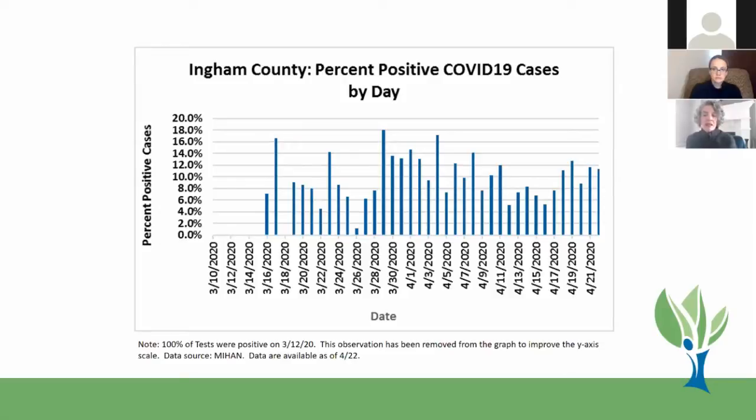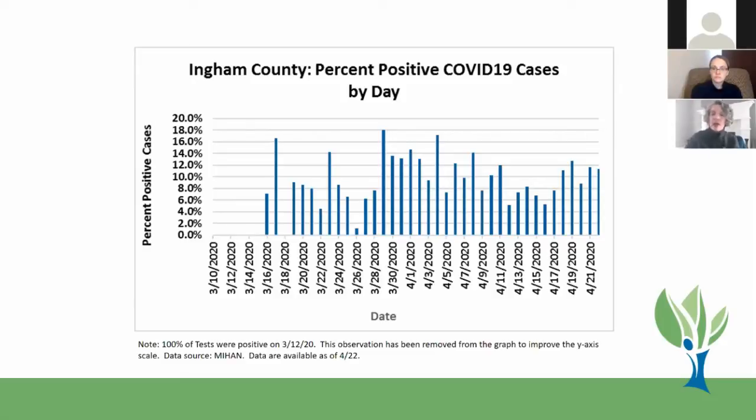Is that really an increase in transmission in the community, or is that a result of increased testing? So that was one of the other CDC guidelines, in addition to a 14-day decrease in daily incidence, that you might have to look at a 14-day flattening out or decrease of the percent of positives each day as testing potentially gets amped up in your community.